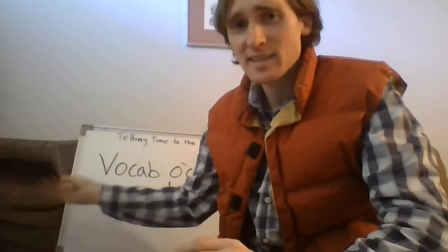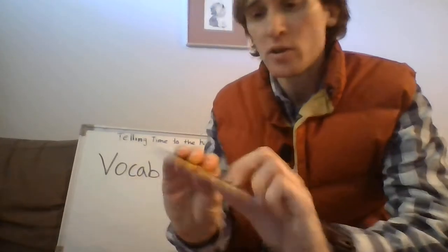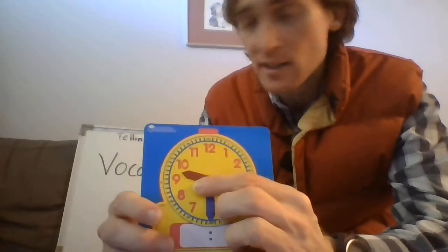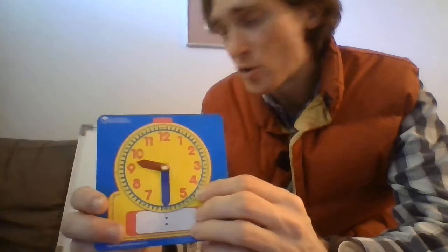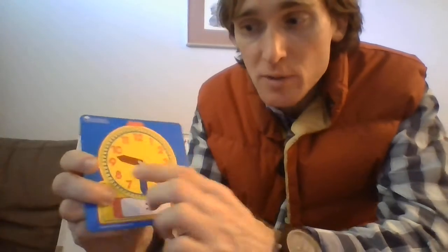Now, why do I say half past 9? Because if you look at the hour hand right here, you choose the preceding, or that's a very fancy word for smaller number, and that lets you know what hour it is. So when you look at this one right here, you'll notice that the preceding or smaller number is 9. And because it's a half, remember when we learned about halves?